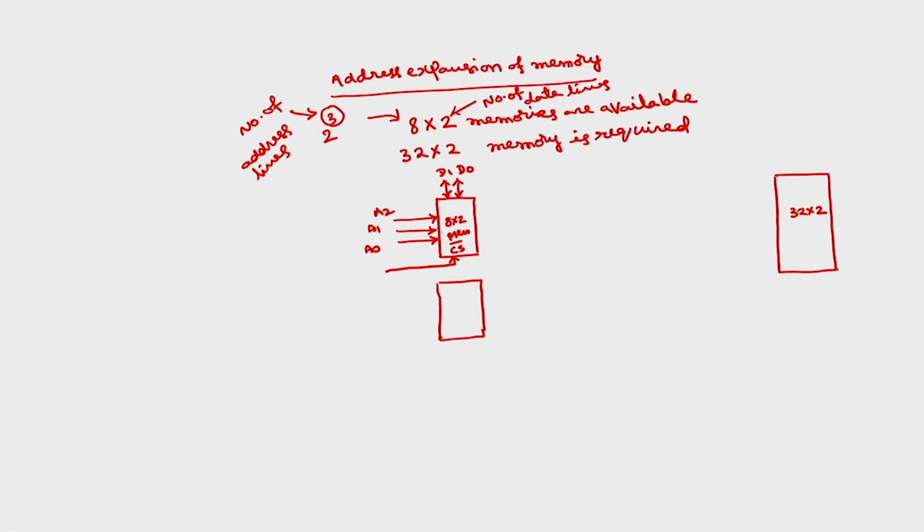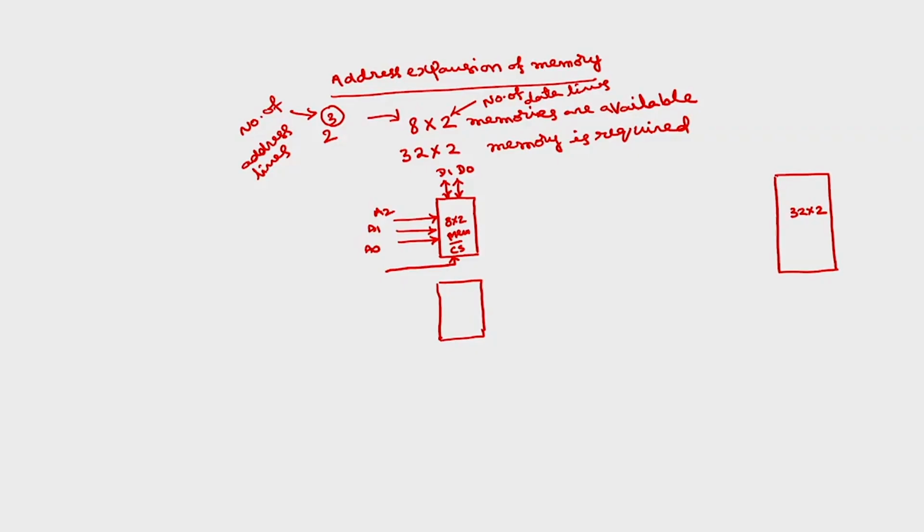So, in the previous examples we discussed the select as active high, but normally this will be an active low signal, because inside the decoder, instead of using AND gates, normally we use NAND gates. If you use a NAND gate, the select signal should be active low. The reason for using NAND gates is that they are universal gates. So, this will have a chip select signal, and read by write bar, that depends upon whether this memory is a read or write memory. I am not showing that. Okay, those read by write signals will be available.